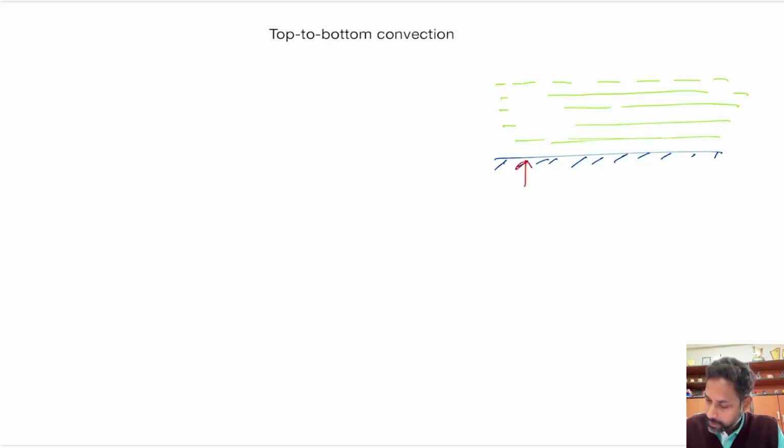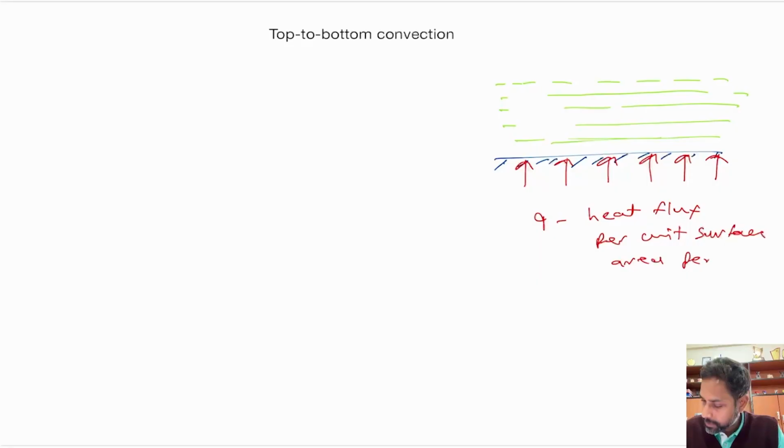And we start giving some heat, which is Q, which is again heat flux per unit surface area and per unit time.